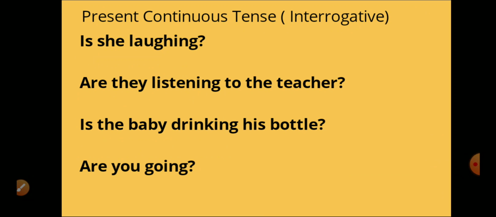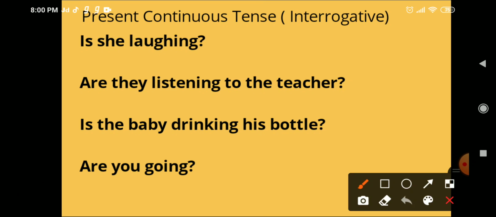Are they listening to the teacher? Is the baby drinking his bottle? Are you going? Now here you can see helping verb, then subject, then first form of the verb with ing.